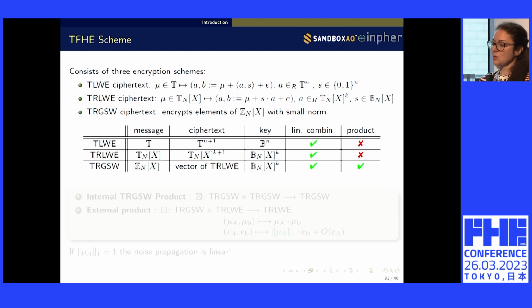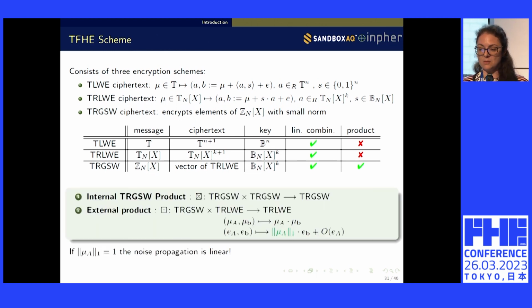With the first two, the product is not allowed, and with the TRGSW, we have the internal product between two ciphertexts. But we also, due to the Z module structure, have the external product between a ciphertext of TRGSW and TRLWE. What's the important part here? It's that the noise grows with the norm of the first plaintext, that means the one encrypted with TRGSW. And if the norm is small, for example 1, the noise propagation is linear.